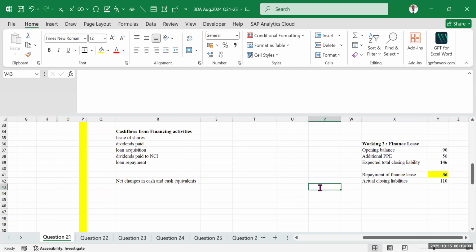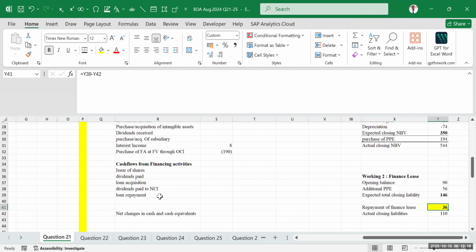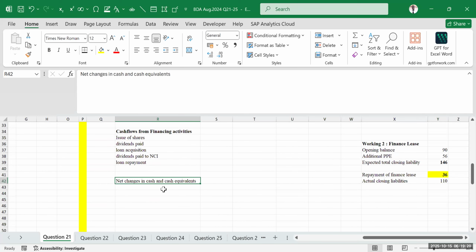So we go to our financing activities section and we say repayment of finance lease, and we recognize the 36 million. Members, I hope we are moving on the same page. You see, this was a loan repayment, but we have another source of financing called lease.